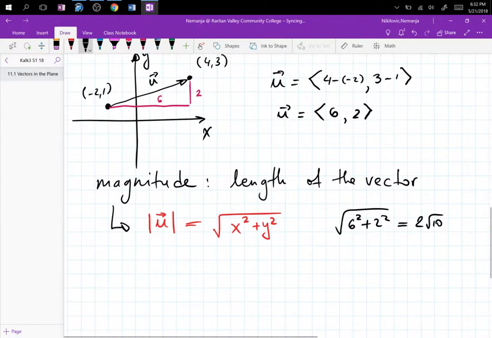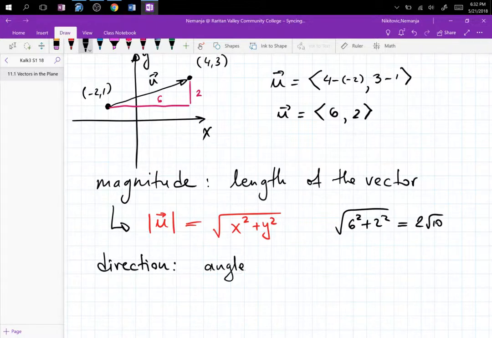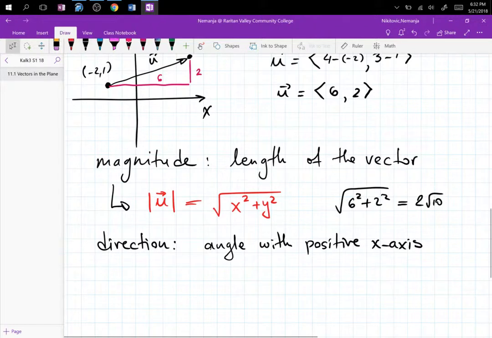So that's the magnitude, and then we have direction. Direction is the angle with the positive x-axis. And we generally use theta for that.